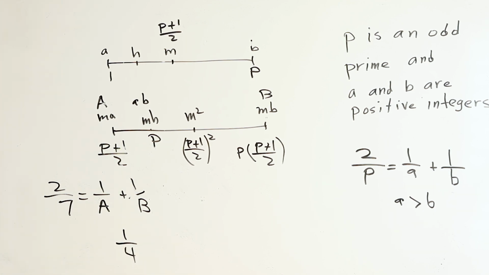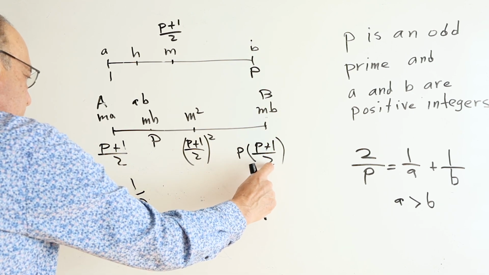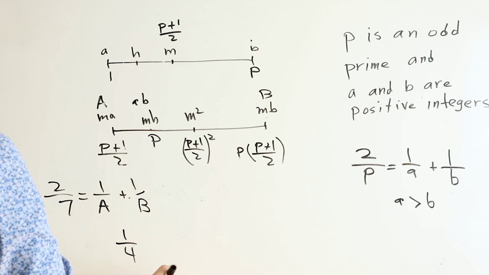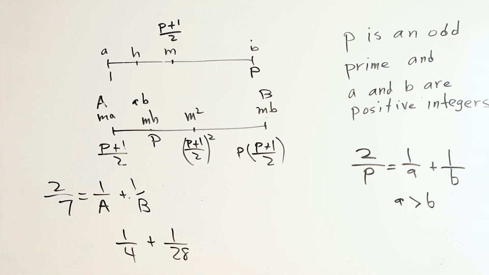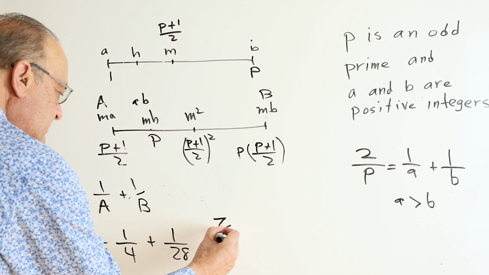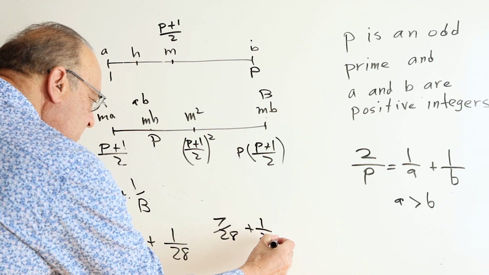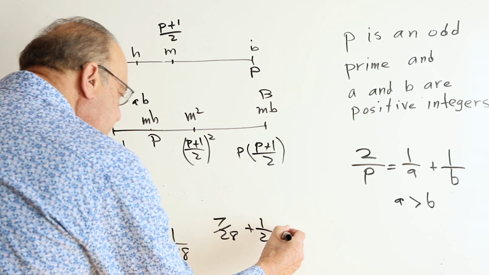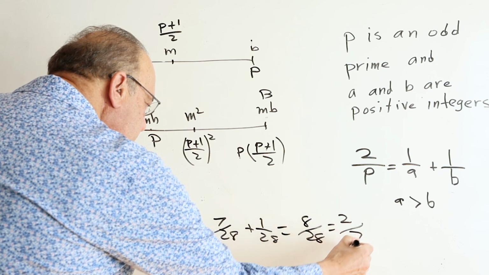And capital B is going to be 8 over 2, which is 4, times 7, which is 28. Let's see if that's equal to 2 over 7. This is equal to 7 28ths plus 1/28 equals 8 28ths, which reduces to 2/7.